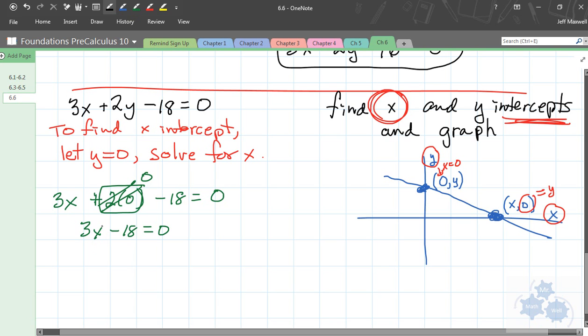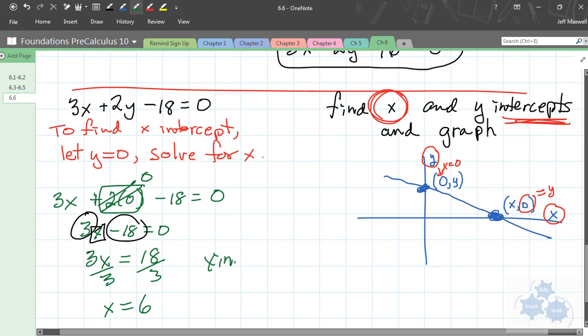I want to get this all by itself, so I'm going to get rid of the negative 18, and I'm going to get rid of this 3. So I'm going to add 18 to both sides first. 3x equals 18. And I'm going to divide by 3. And x equals what? 6.